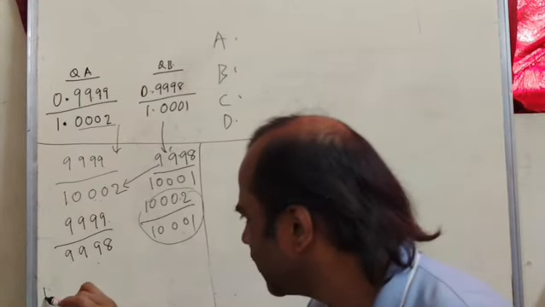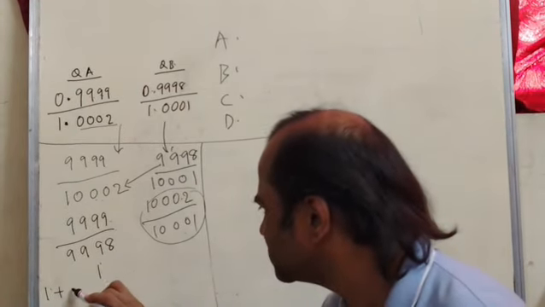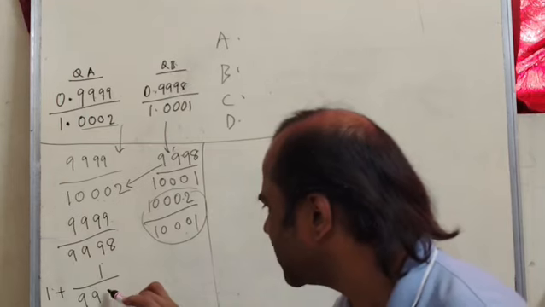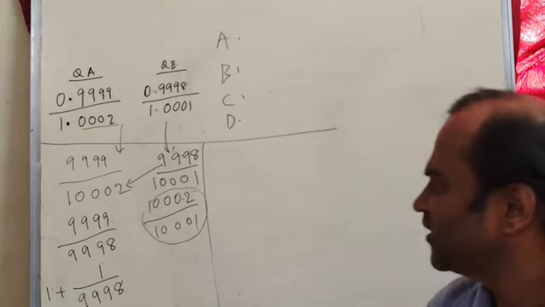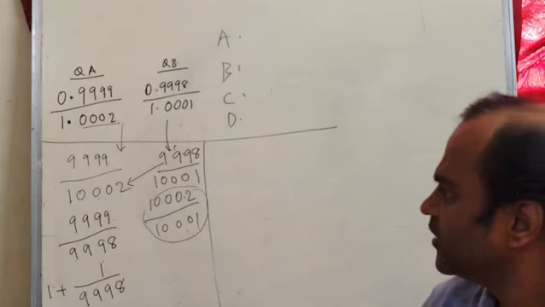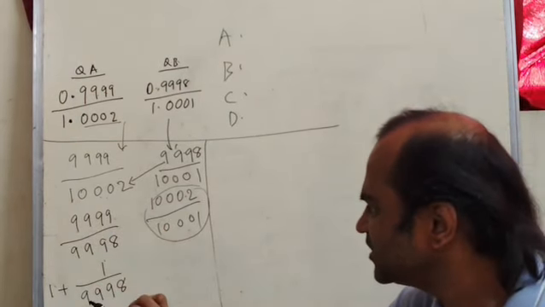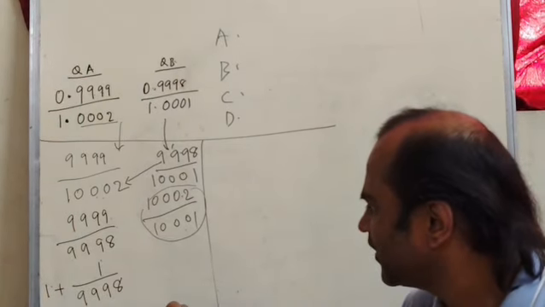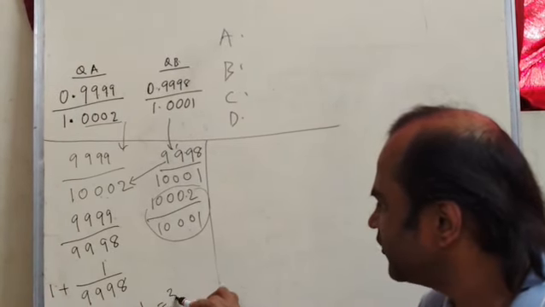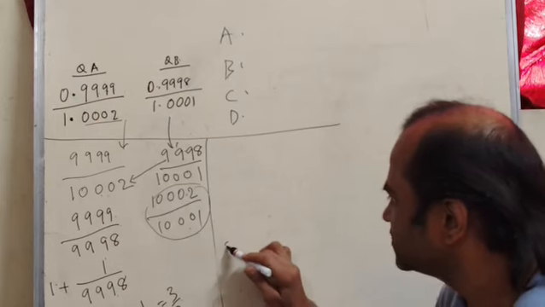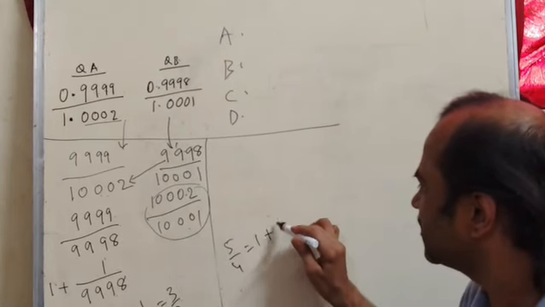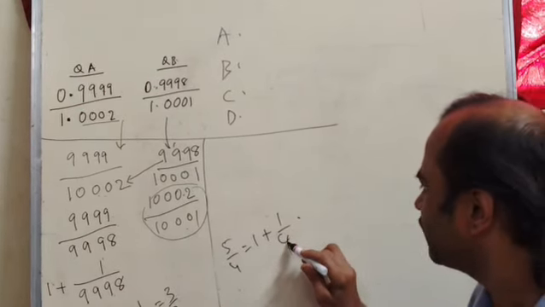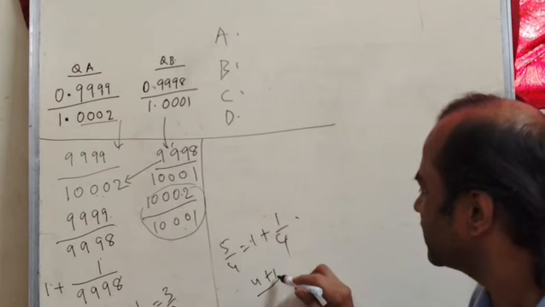Best way is to look at the two fractions in the two quantities in this way. This 4 nines is 9,998 plus 1 will give you 9,999. See, 1 plus 1 by 2 is equal to 3 by 2. Similarly, 5 by 4 is equal to 1 plus 1 by 4.